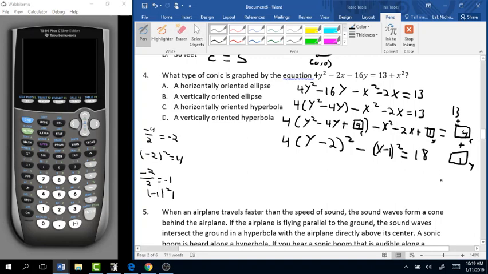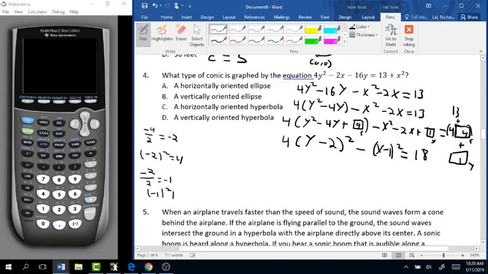And I guess that's going to be 4 times 4, because you're adding a 4 times 4.